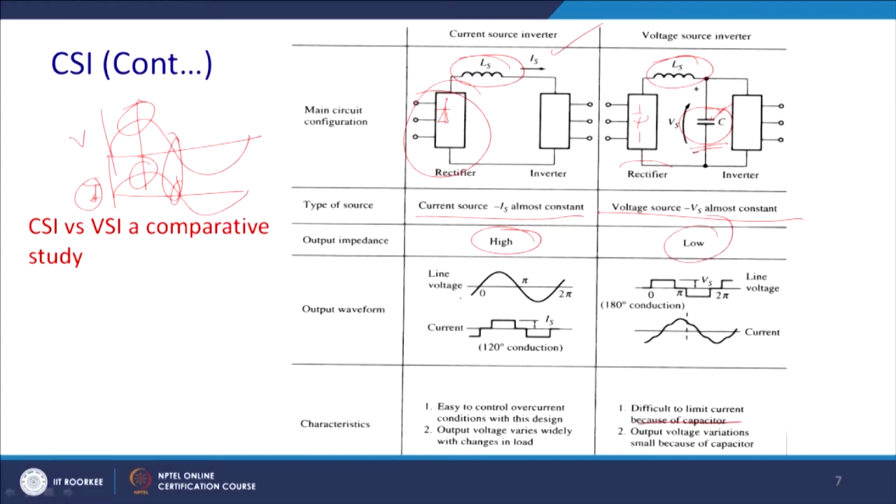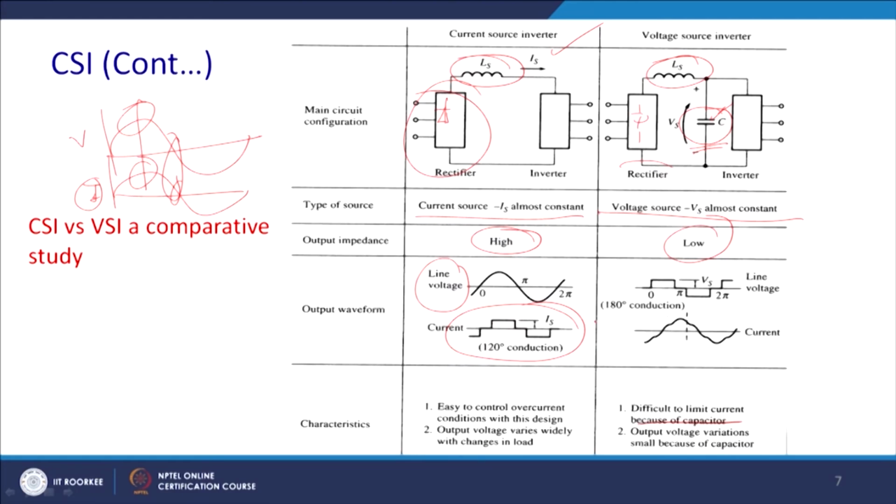So, the line voltage you essentially get is sinusoidal, that is what I wanted you to draw, and the current you have drawn is for the 120 degree mode of conduction, and you will get this staircase waveform.